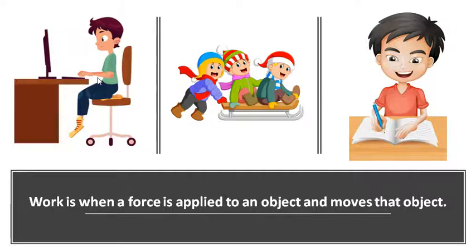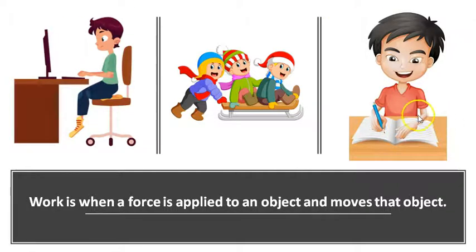Just sitting and looking at the screen, are you doing your work? Not at all. But if you start typing on the keyboard to write sentences that appear on the screen, then you are doing work. This is because the force of your fingertips is moving the keys, and the keys produce words.